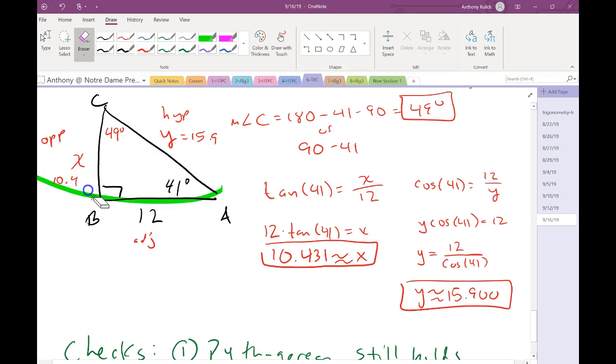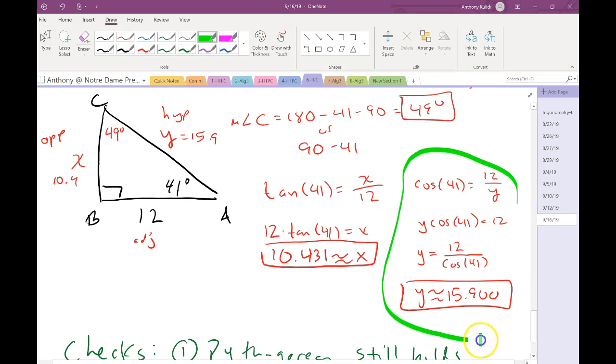Now, Matt had an interesting question here just a moment ago, talking about finding y. He asked, could I use the Pythagorean theorem to find y? And my answer to you, Matt, is it depends on how accurate you need to be. Using the Pythagorean theorem to find y is going to be less accurate than what we just did, because to use the Pythagorean theorem, we're using a rounded answer and then having to round again at the end.